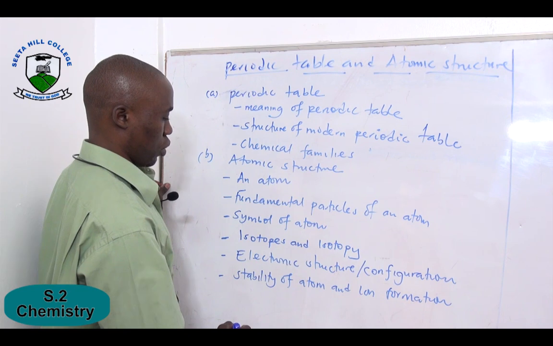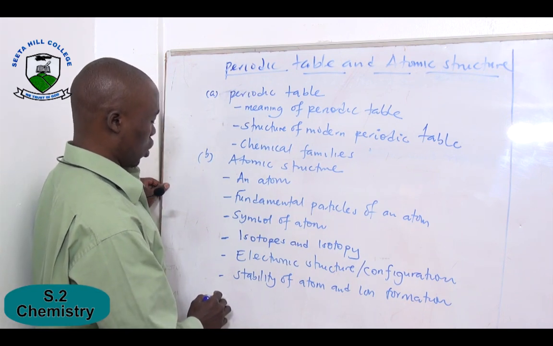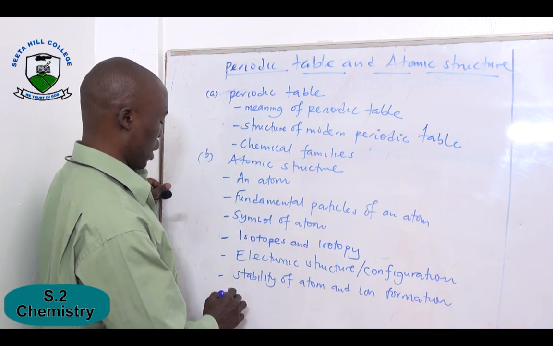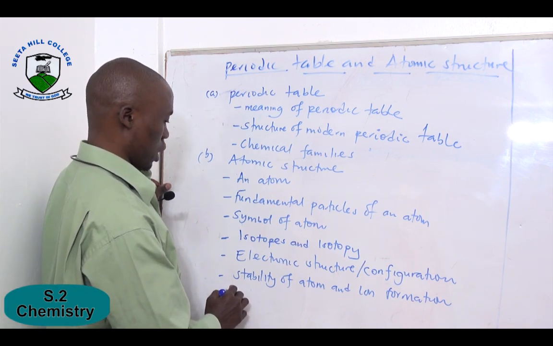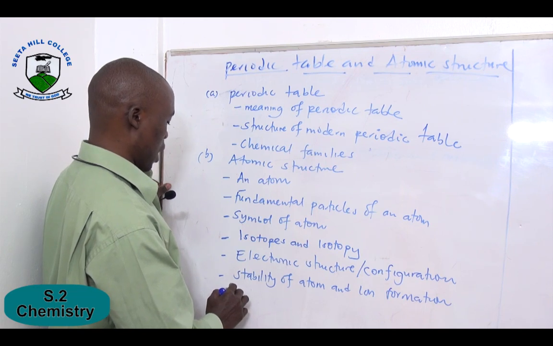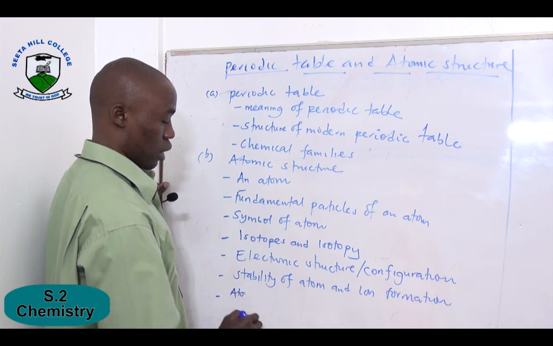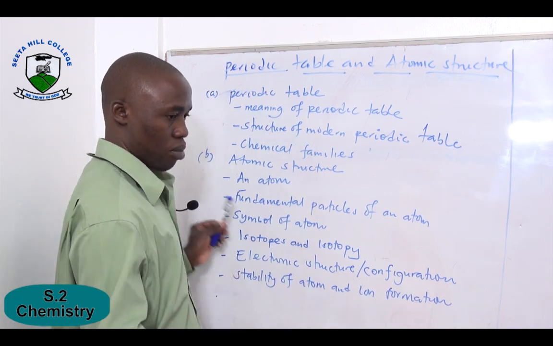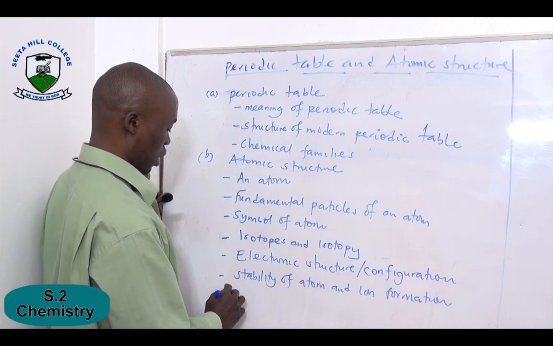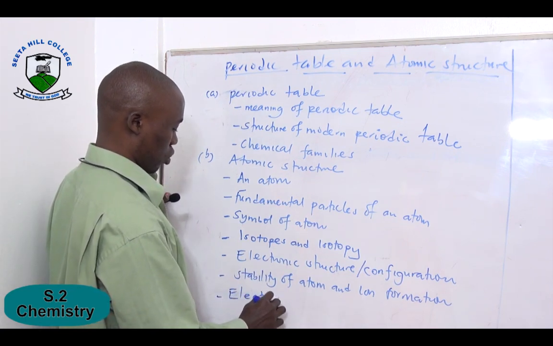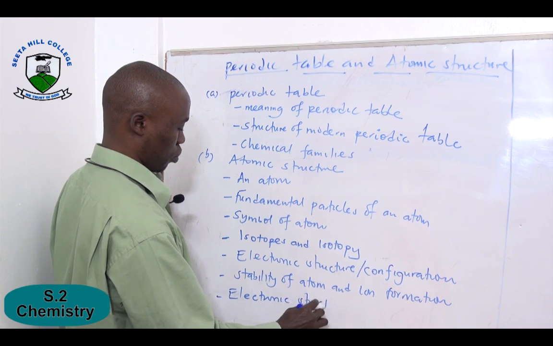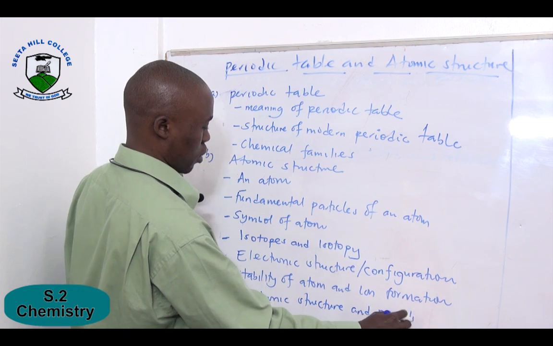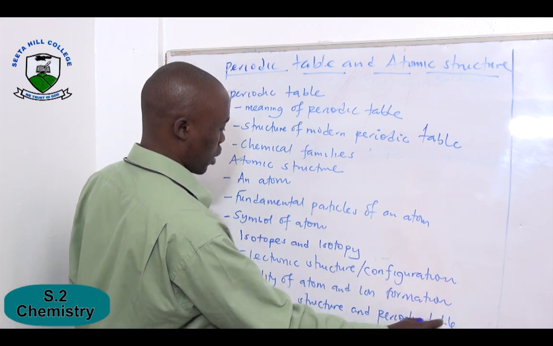So, there are so many here. Then we shall also break down and visit the atom, electronic structure and the periodic table. How can we relate electronic structure and periodic table?